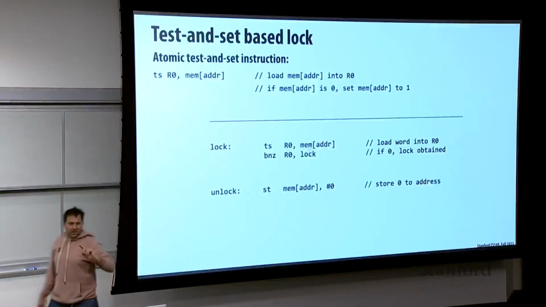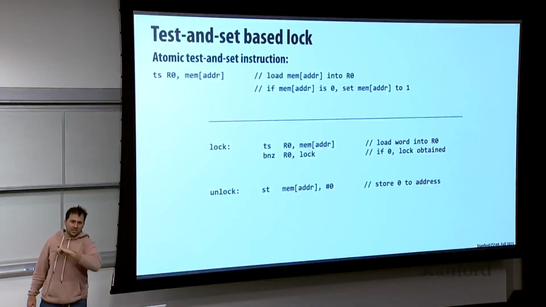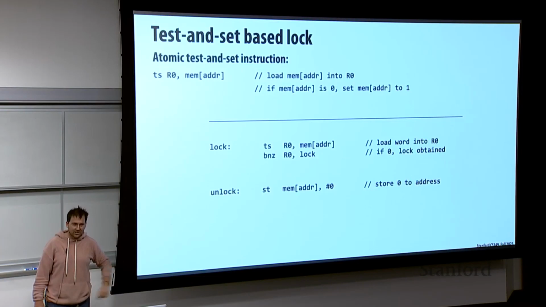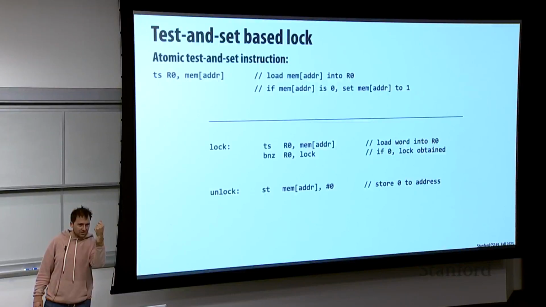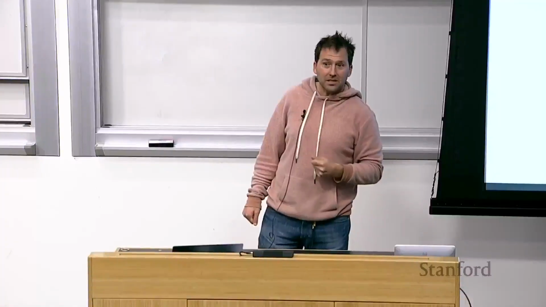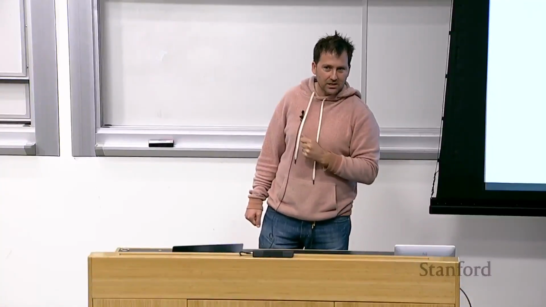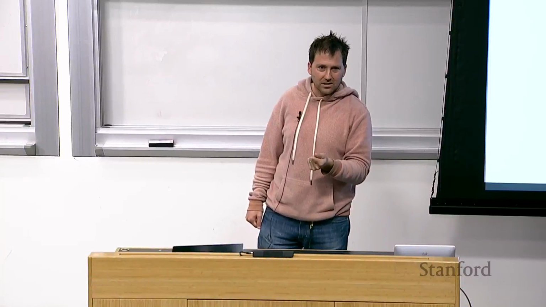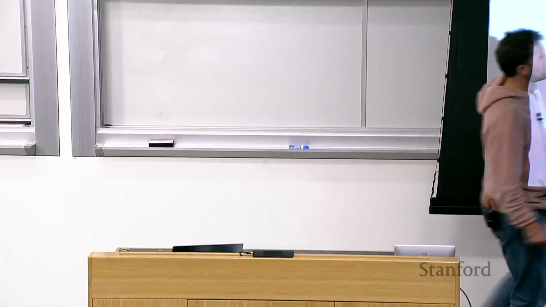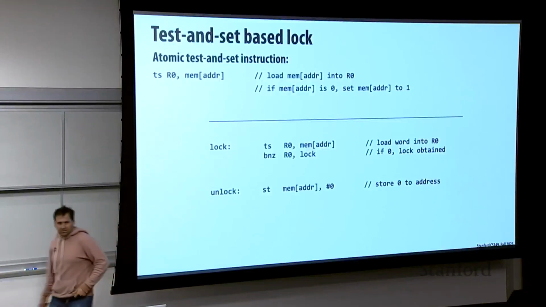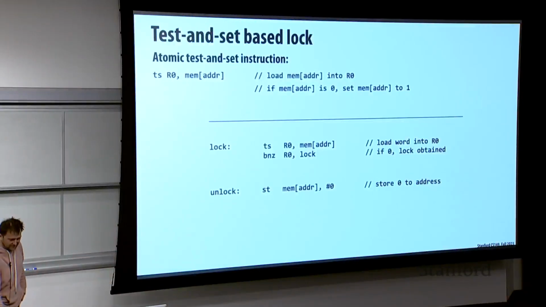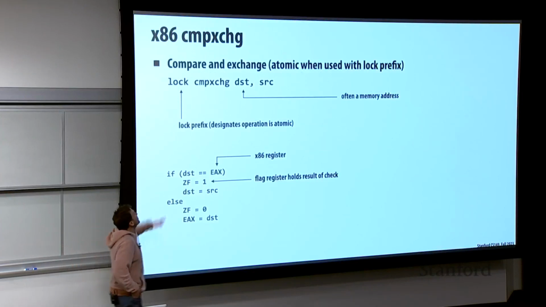So basically I'm saying, while the value in memory is 1, keep trying this test and set. If you ever see it to be 0, then you check: was I the person that set it to 1? If you're the person that set it to 1, you have the lock. And then the minute you unlock, presumably some other thread can come in and now succeed with their test and set. Now, for example, if you were running on an Intel chip, you wouldn't have test and set.